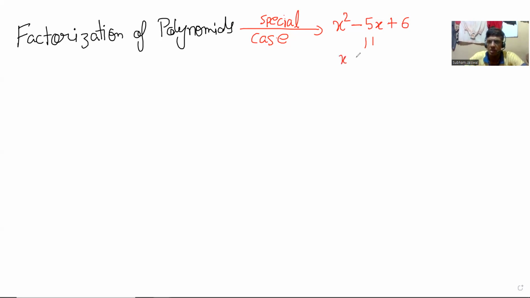Perfect. So this is just a simple factorization. Okay, how about factorizing this one, maybe?